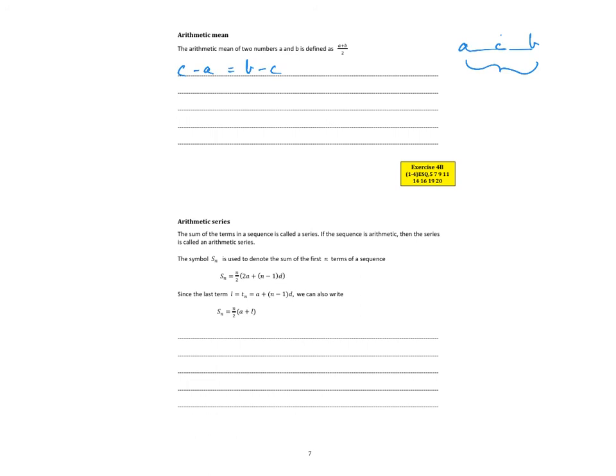So now if I group my c's together, take the c across to the left hand side, I get 2c is equal to b plus a. c is equal to b plus a on 2. So in other words, the middle term is the mean of the other two terms. All right. So have a go at some of those examples there.